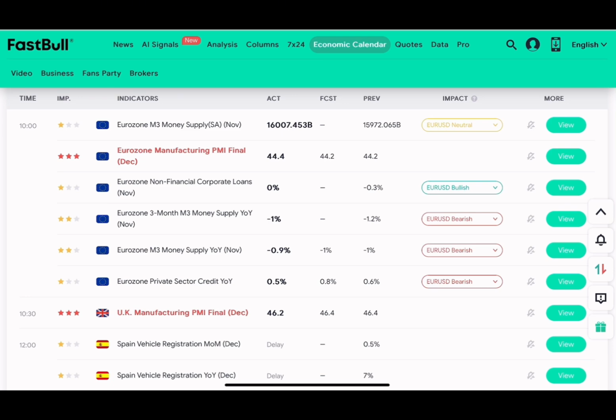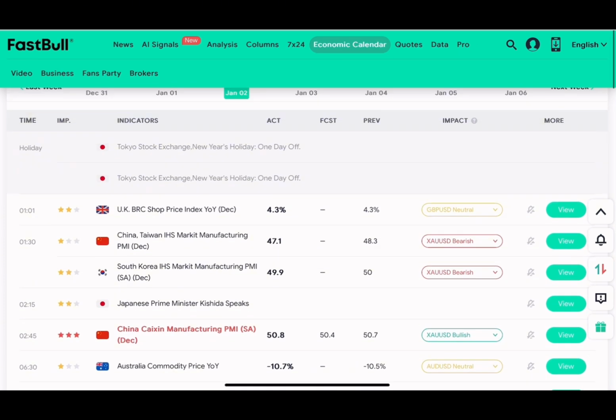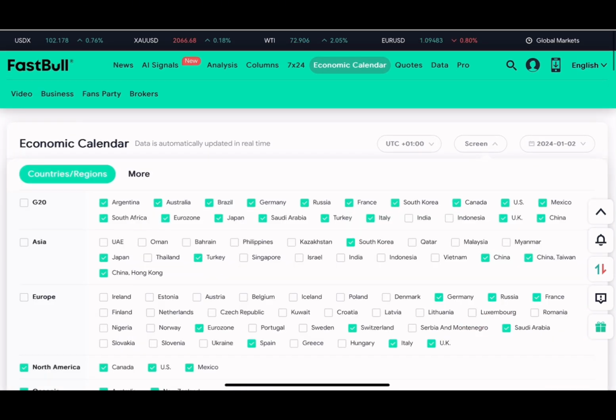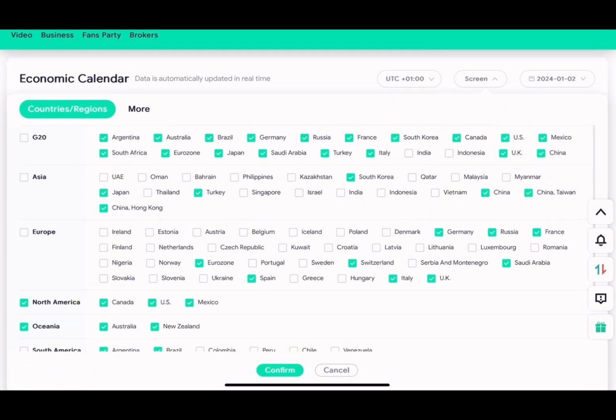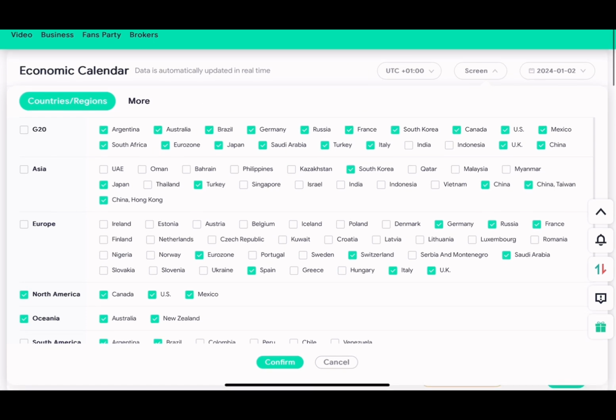One of the features I love about them is that you can filter which country you want to be seeing on your screen. So let's say you are the type who trades just US pairs, dollar pairs, or GBP pairs. You can come here and select which pair you want to be seeing on your screen. This is one good thing about Fastbull.